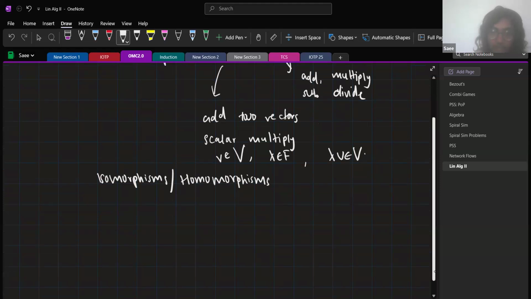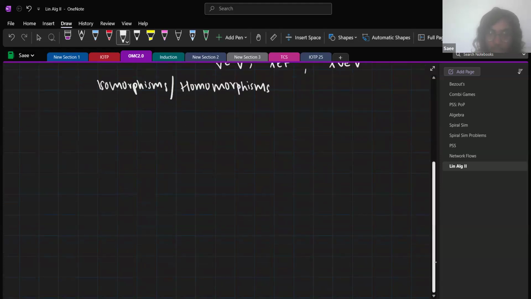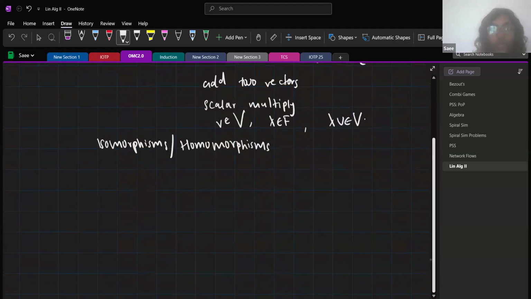So let's say you have two different vector spaces and somehow you want to show that they're essentially the same thing, that they're identical. The way you do that is you show that they're isomorphic to each other.